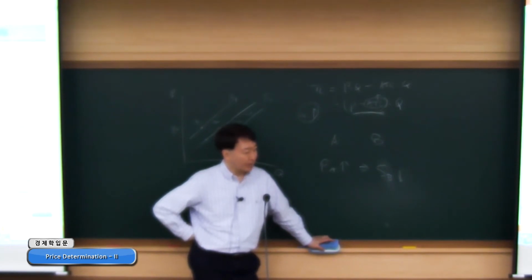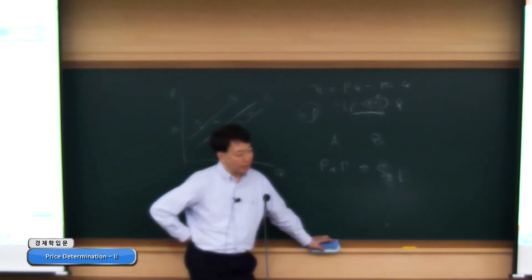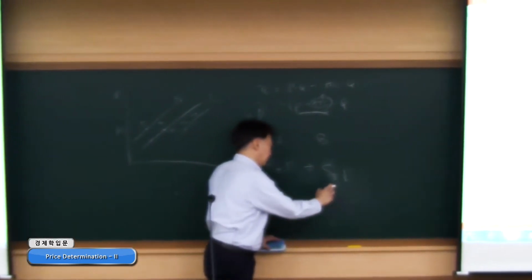Give me the final answer. Apparently I can't make up my mind here. Yeah. When the price of A goes up, supply for B will decrease, right? So this is correct, right? Finally.